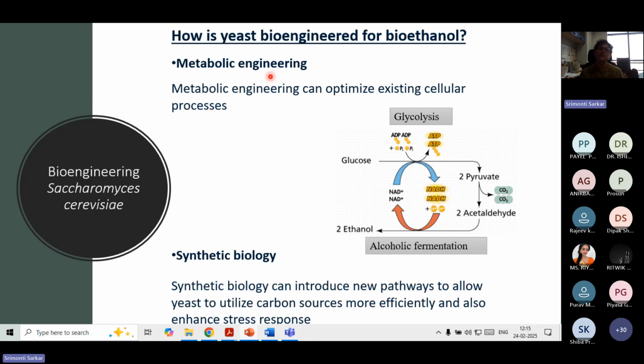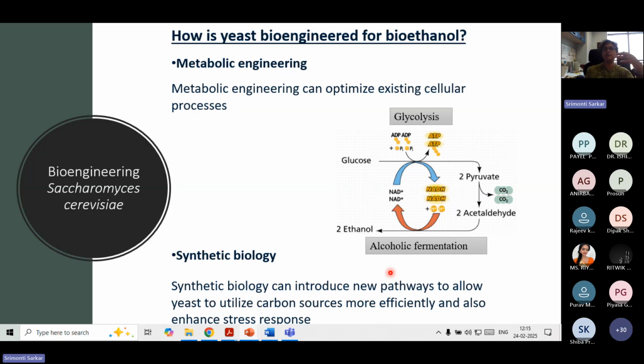So how do we engineer yeast? We can either metabolically engineer yeast so that it is more efficient in converting glucose to ethanol by optimizing its metabolic processes, or we can use synthetic biology by which we can introduce new pathways that allow yeast to utilize varied carbon sources.